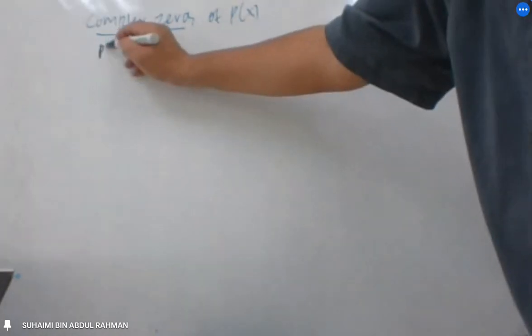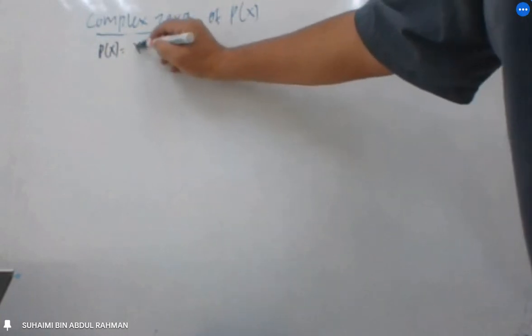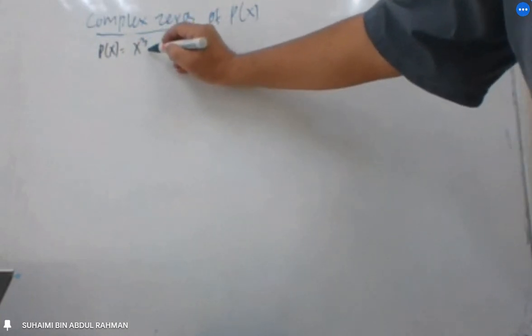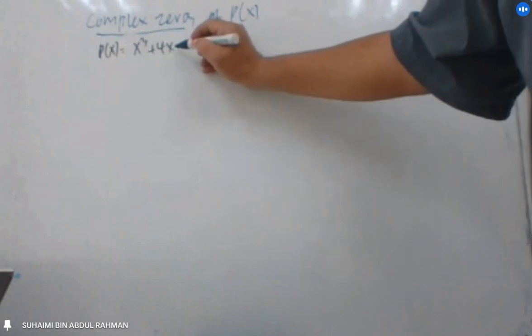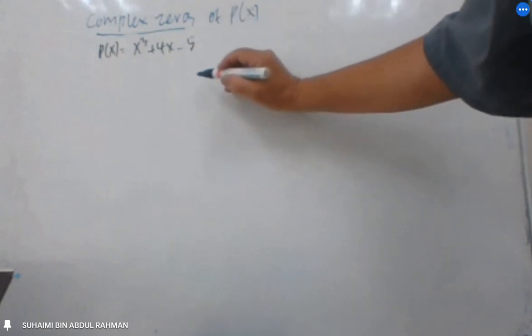Let's say P(x) is x power of 3 plus 4x minus 5.